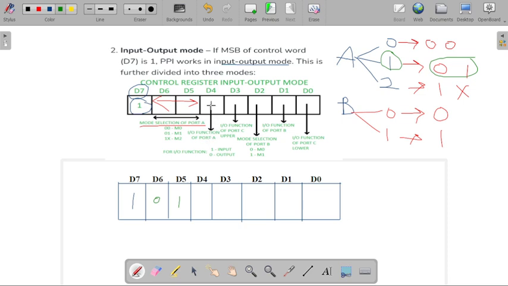Now the next part is the D4 bit, and that indicates the input and output function of our port A structure.